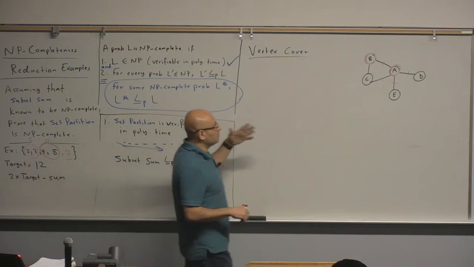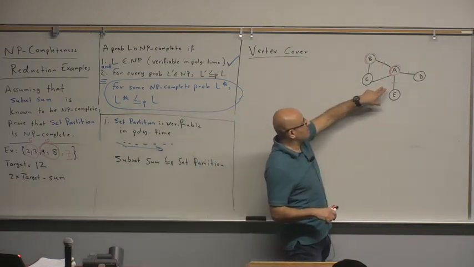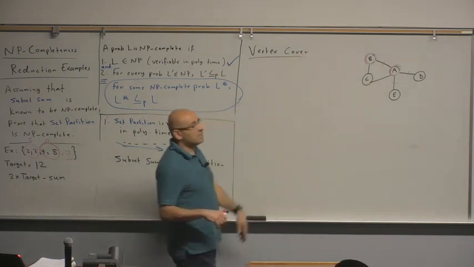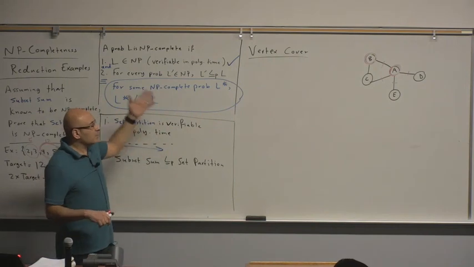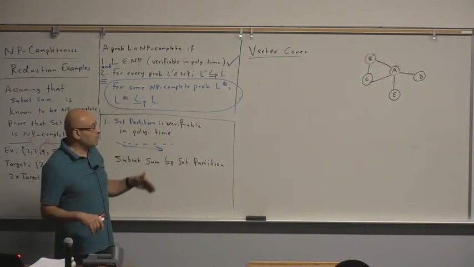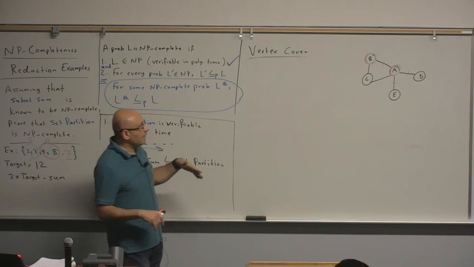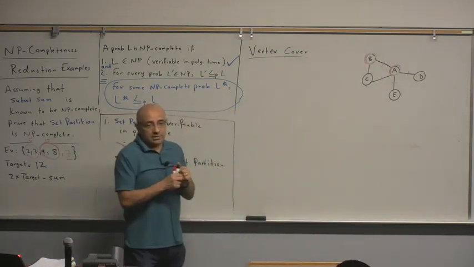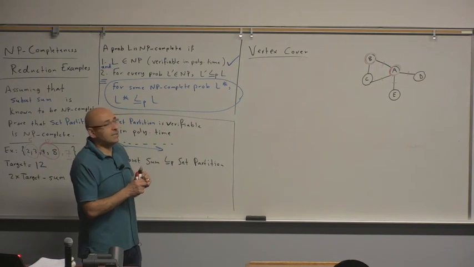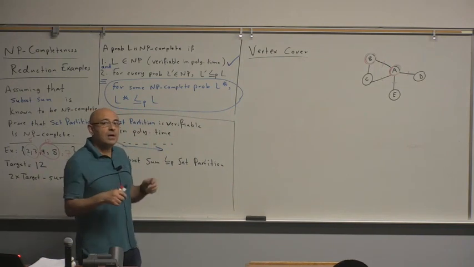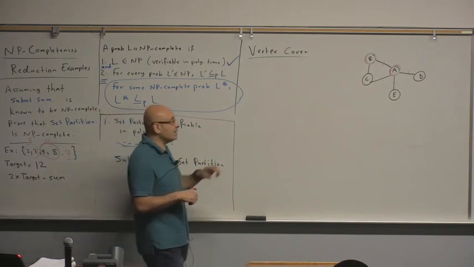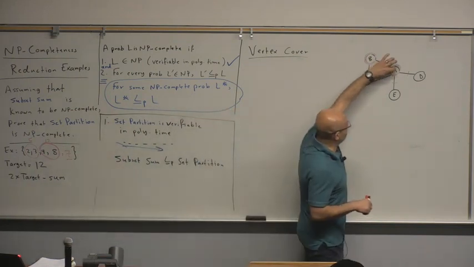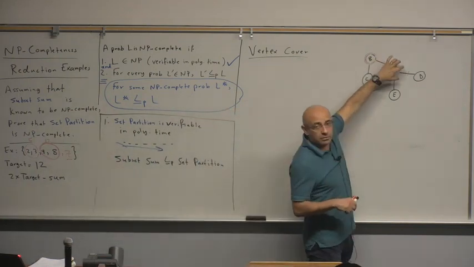And you would like to put a certain traffic sign such that all roads will have it. Or you want to post an ad, for example. You want to post some ad and you would like to cover all roads. So when you put it at an intersection, you cover all the roads that intersect at that point. So if you put your ad at A here, you are covering 4 roads.